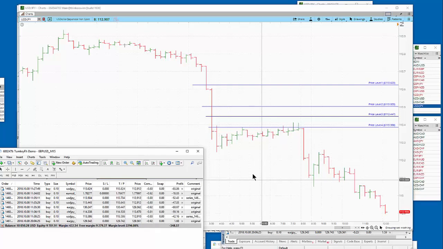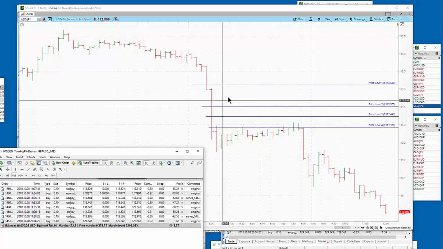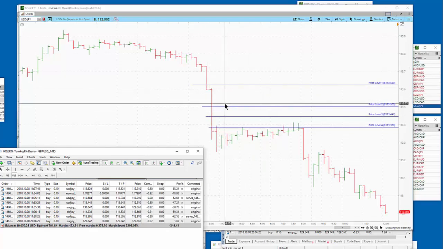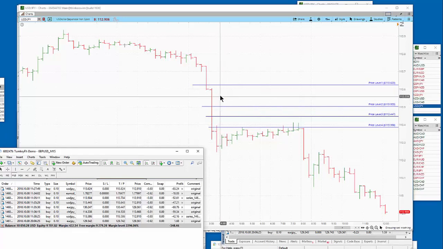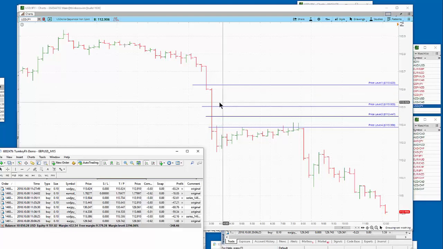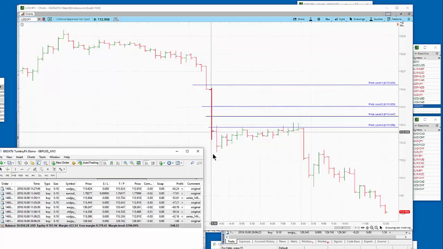I'm not sure what that might have been at 3:30 this morning. Might have been news regarding Brexit or something like that. It could have been something regarding trade wars between countries, whatever. Could have been anything, doesn't really matter why. The only thing is the price took a big tumble.